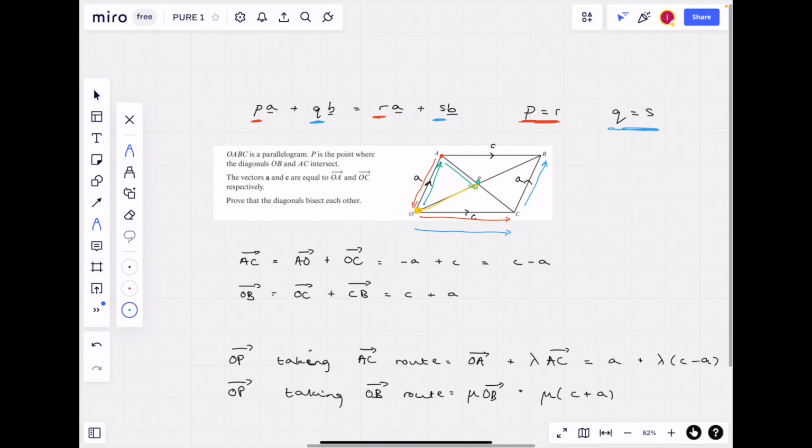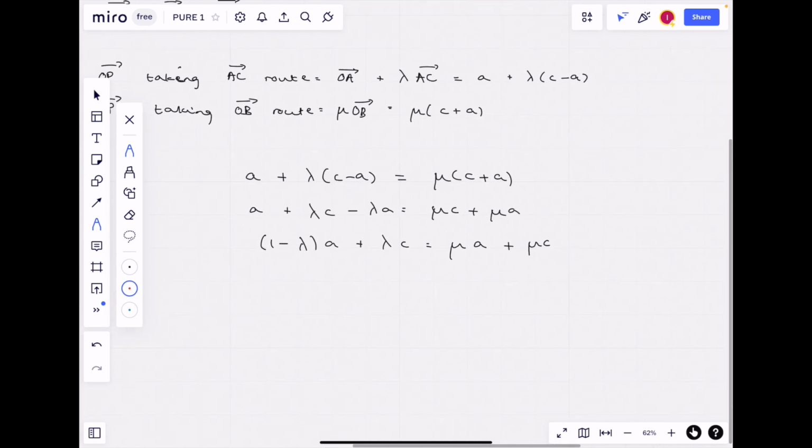We're going to apply that to this. The coefficients of A are going to be the same. The coefficients of C are going to be the same. 1 minus lambda equals mu. Lambda equals mu.